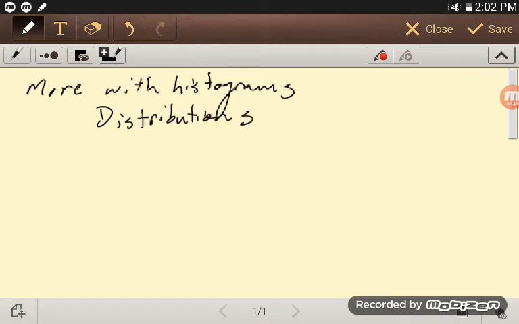Okay, and the first distributions we want to think about are populations. Now, when I start talking about these particular histograms and distributions, I'm going to look at relative frequency.